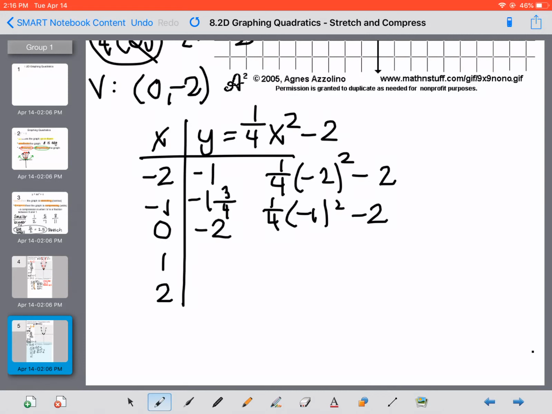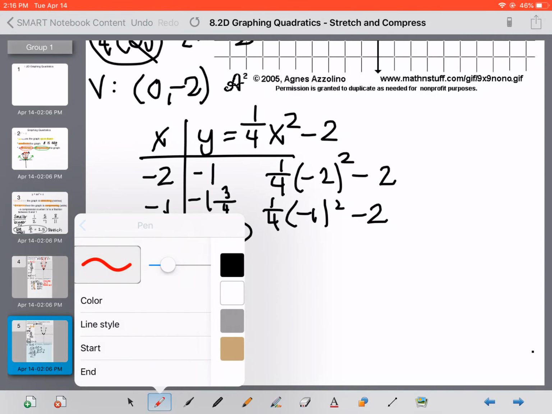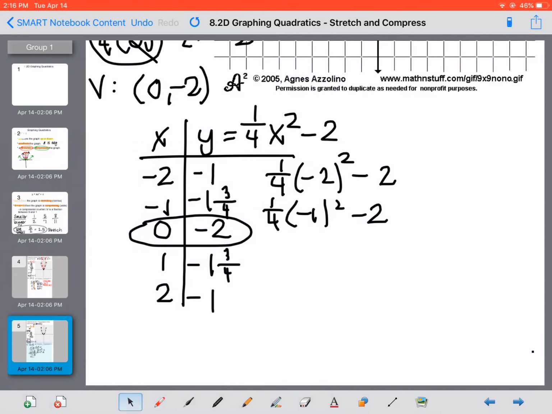And then remember, because this is our vertex, it's going to be the same on the opposite side. So this is going to be negative 1 3/4, and then this one's going to be a negative 1. And that negative 1 3/4 is a little difficult to graph, so we can just graph the other ones to make it a little easier.